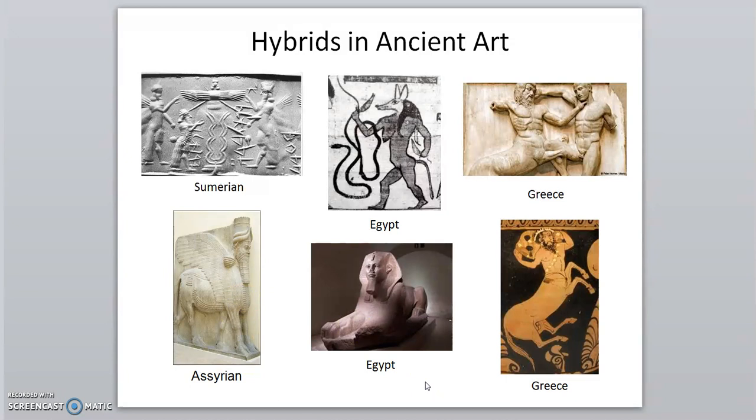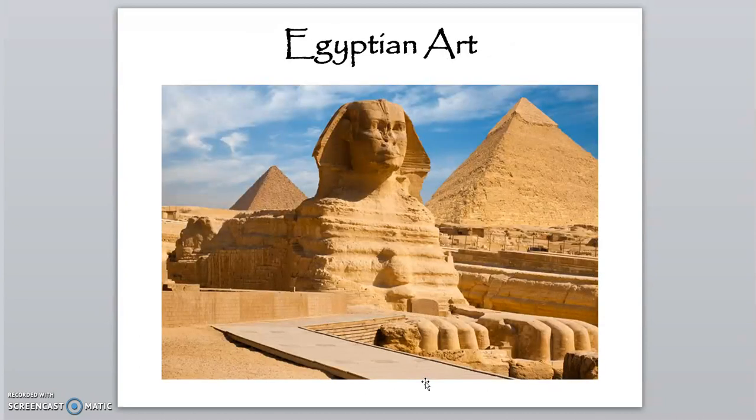These seem to be common subject matter pieces in the ancient Mediterranean world. Of course, the Sphinx is one of the greatest and most spectacular sculptures of all time. Still, to this day, the largest monolithic sculpture. In other words, it's carved out of just one block of stone. Of course, that's on the famous Giza site with the pyramids.